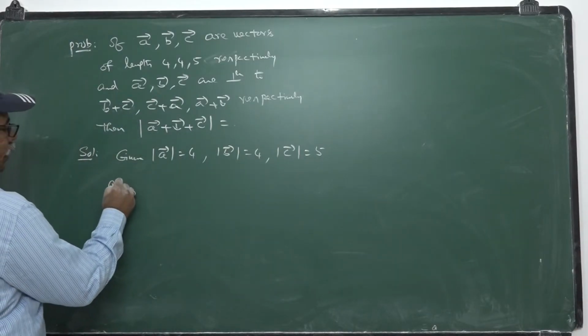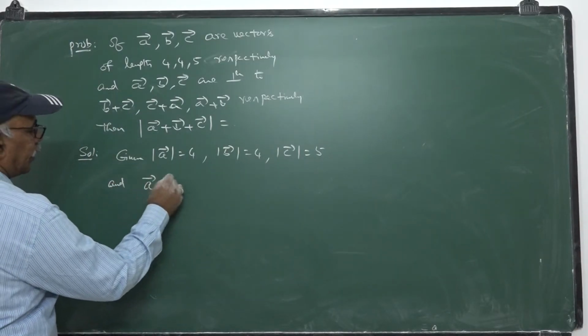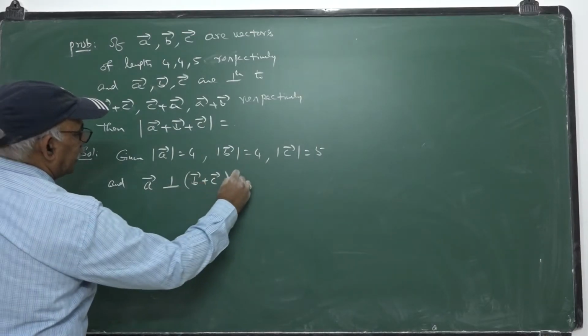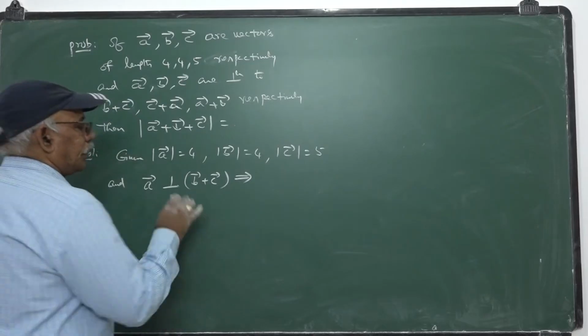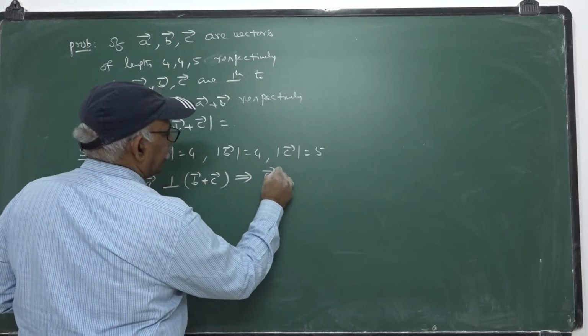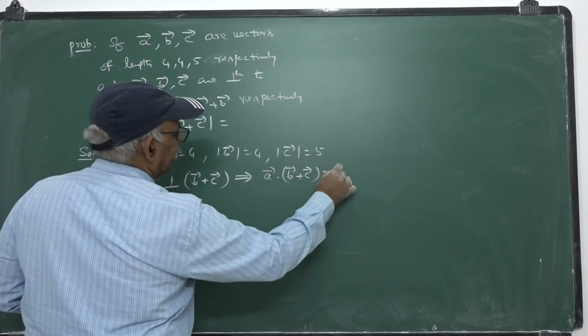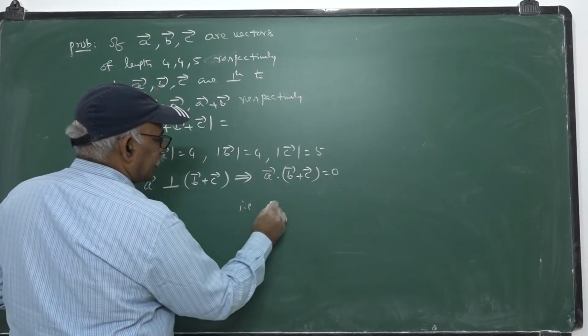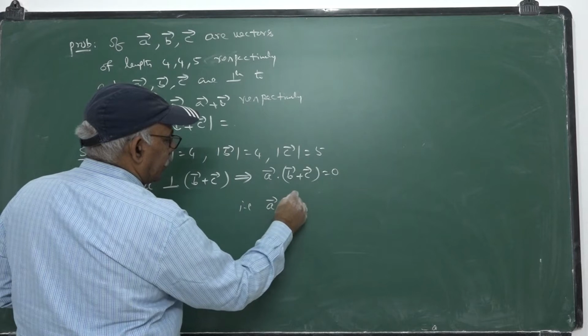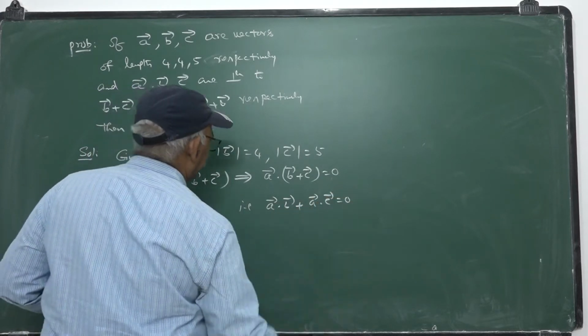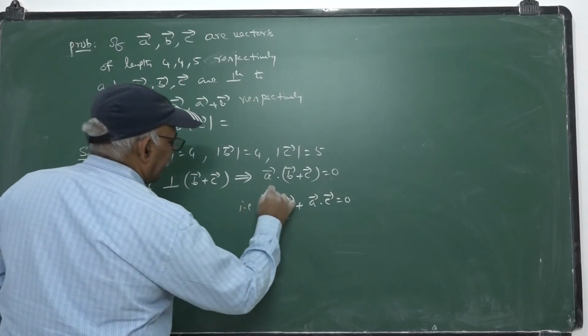And A bar is perpendicular to B bar plus C bar. That implies their dot product is 0. That gives us A bar dot B bar plus A bar dot C bar is 0. This is one relation.